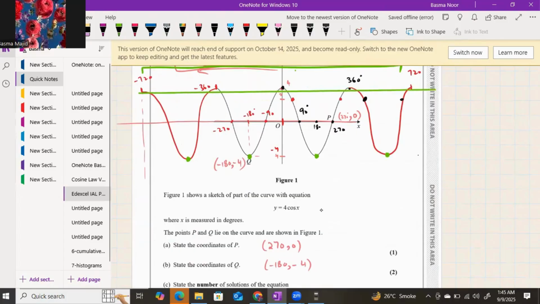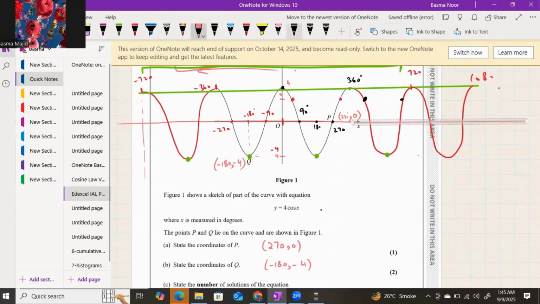I'm going to make it a little bit longer, because if I add one more curve in here, that is going to be for 1080. You can keep making the intervals: this point is 720, add 90, add 90, add 90, and you will get 1080.